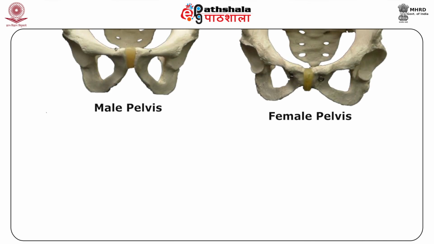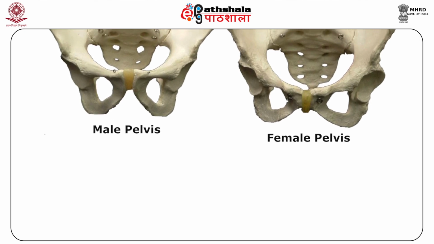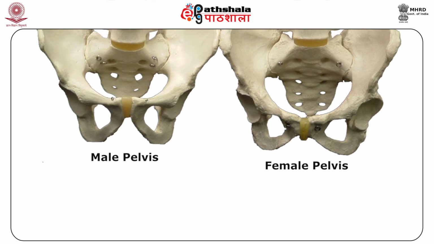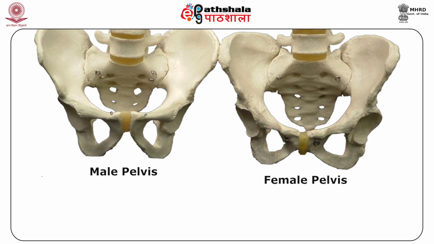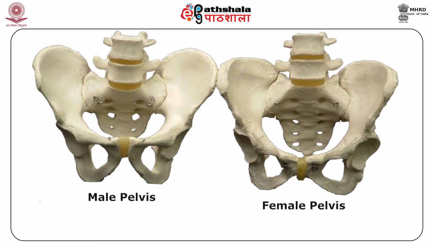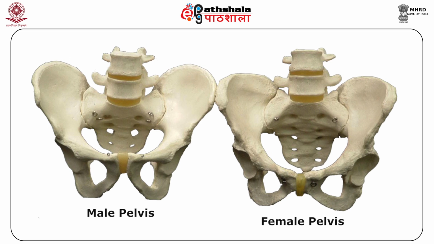Similarly, the next image is showing you the sex determination from male and female pelvis. As you can see in the diagram, the male pelvis is bigger and the female pelvis is comparatively smaller. The pubis symphysis in the male pelvis, which is the cartilaginous joint which joins the left and right pubic bone, is placed at a higher position, whereas in females the pubis symphysis is placed at a lower level.